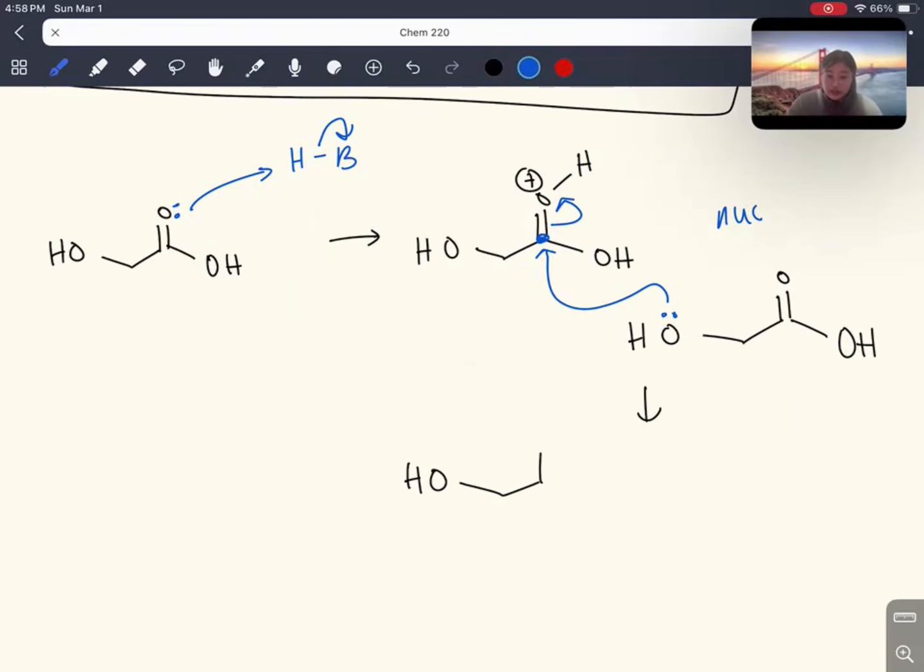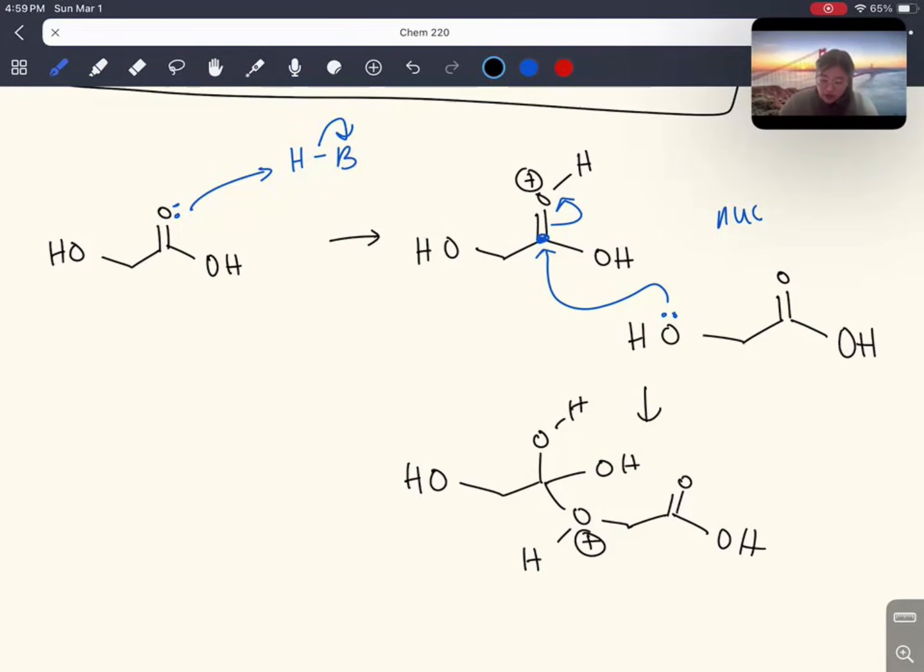And so then you would get an OH and you would have no charge on that because you moved the double bond to act as a lone pair. And then we're going to redraw our OH here. Now we have this second monomer attached, and now we have a positive charge on the oxygen because we just made a new bond.